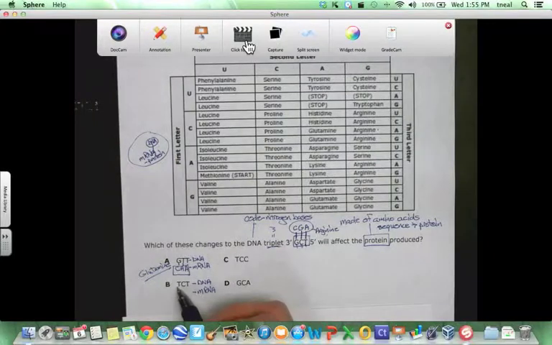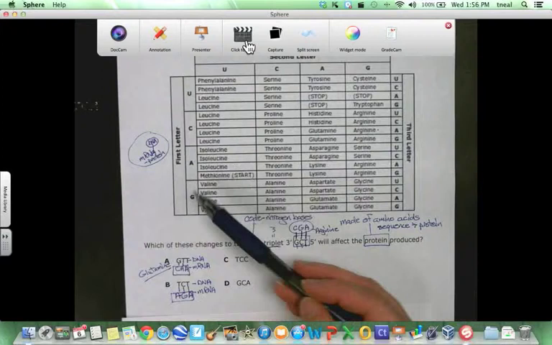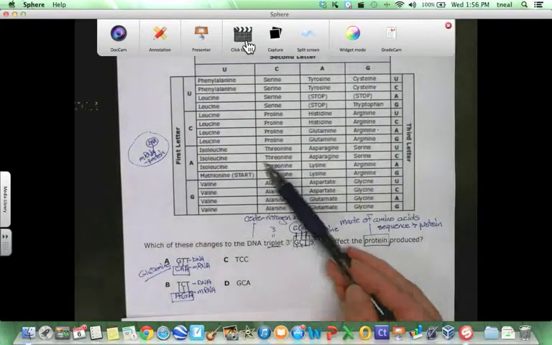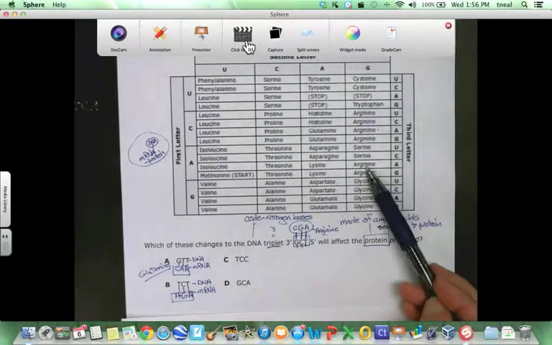I come to T. Thymine is paired up with adenine, cytosine with guanine, thymine with adenine. I go onto my codon chart. I find A, over to G, find A, arginine.